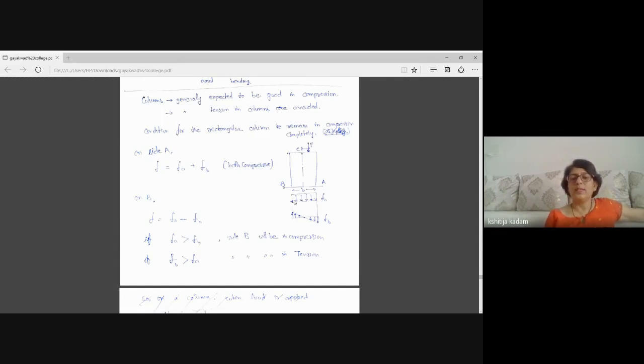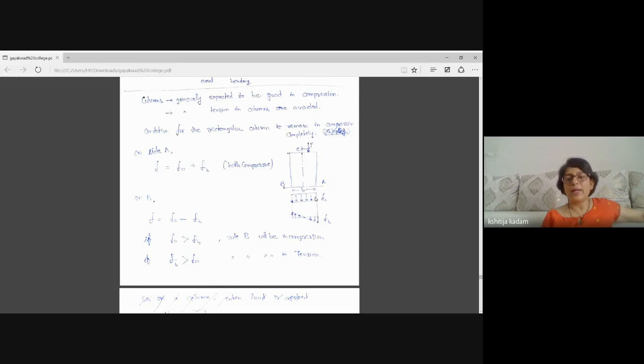In the sketch you can see that because of compression P, a constant compressive stress FA for axial load is there. And since P is applied with some eccentricity, a moment will occur and that moment will cause bending. So in the lowest diagram I have shown bending stress, which is triangular.